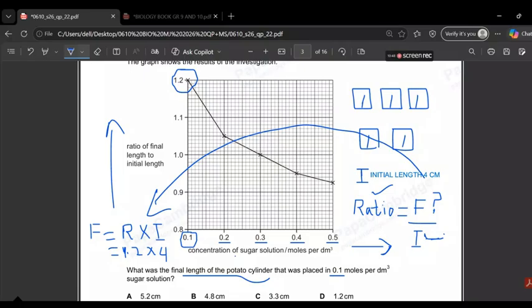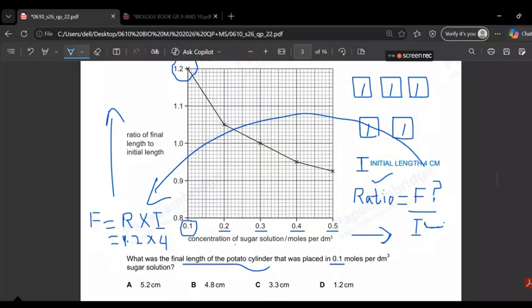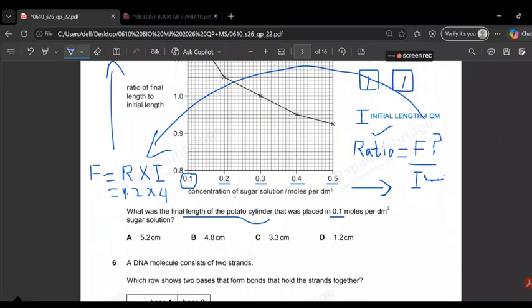When you multiply 1.2 by 4, you need to calculate what you are getting. It is 4.8 centimeters. And if you can see the options, you have 4.8 centimeters somewhere over here. So B is your answer.